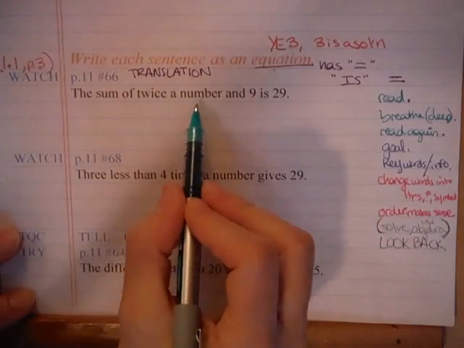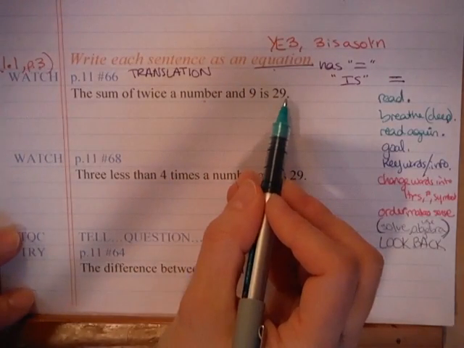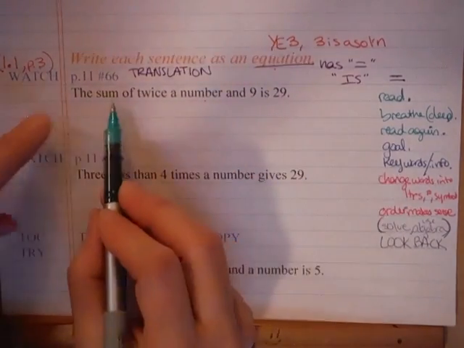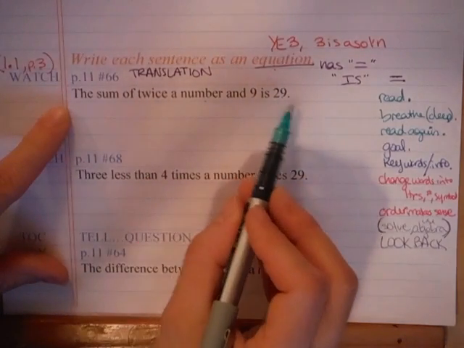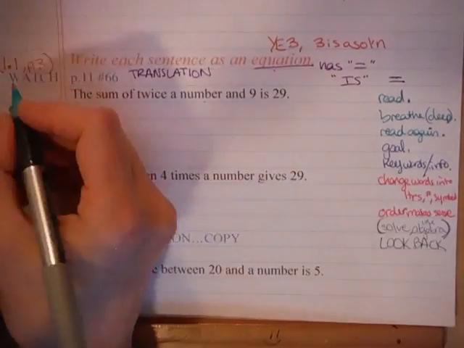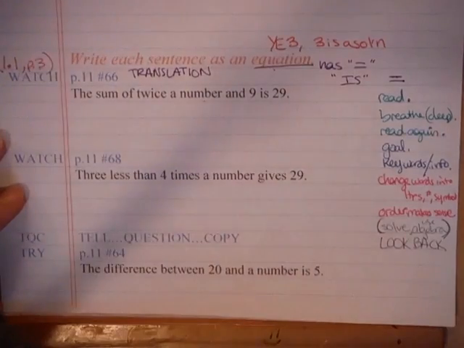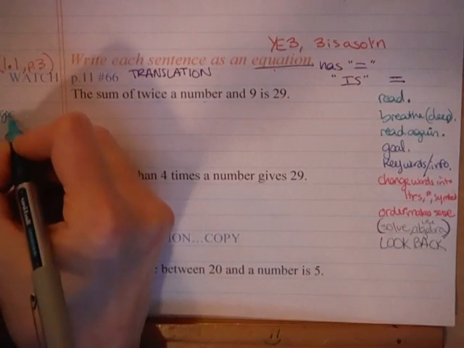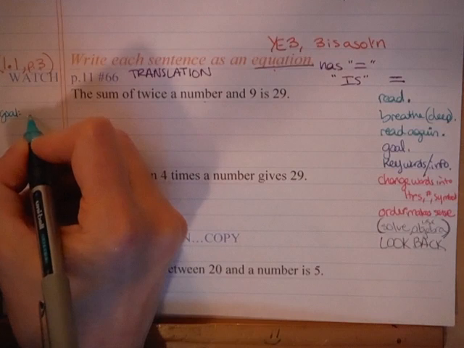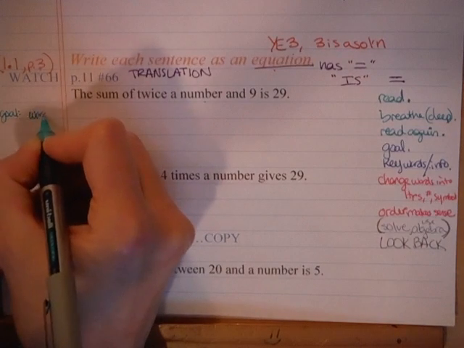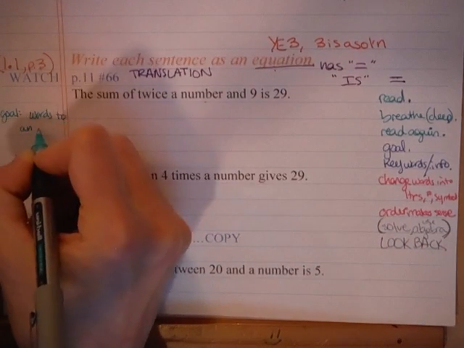Here we are. The sum of twice a number and 9 is 29. Deep breath. The sum of twice a number and 9 is 29. Keeping in mind our goal here, and that is that we're just going to change the words to an equation.